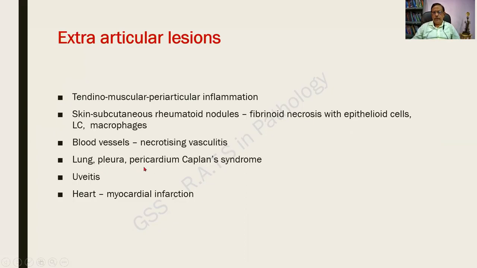And lung, pleura, pericardium can present with the Caplan syndrome. Caplan syndrome is an arthritis with an underlying lung disease. We have seen that in asbestosis as well. In the eye, there can be uveitis. In the heart, myocardial infarction. As I mentioned, it can be secondary to vasculitis, thrombus formation, and embolism.